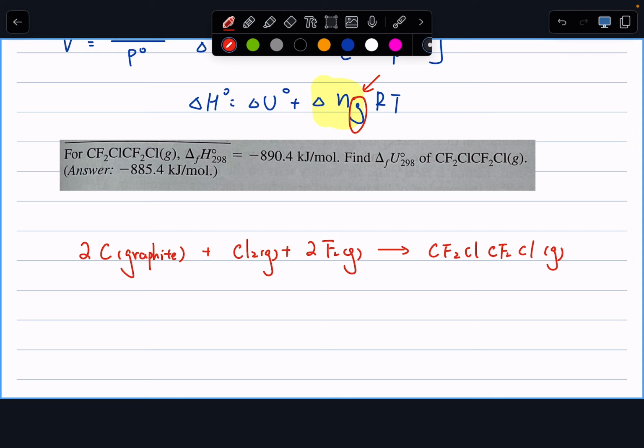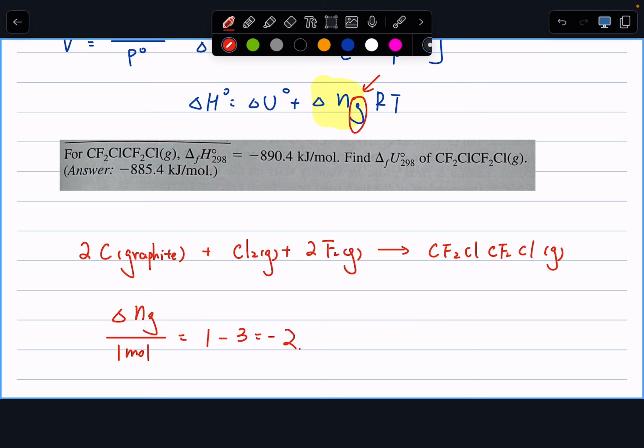So for every mole of reaction, the change in the number of moles of gas is 1 minus 3, which equals -2. All right, and we know what delta H is. We know delta Ng is -2.